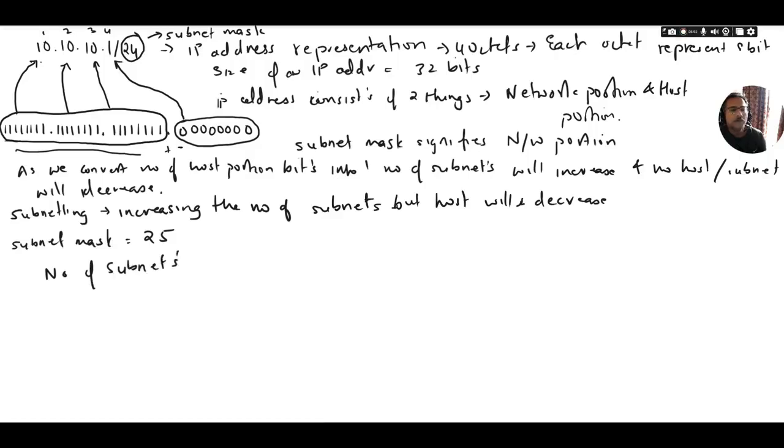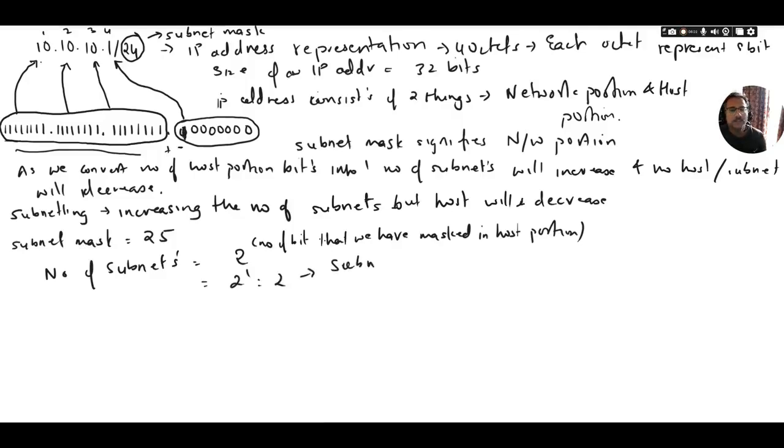The formula is 2 raised to the number of bits that we have masked in the host portion. Here we have converted only 1, so 2 raised to 1 is equal to 2. So we should get 2 subnets.